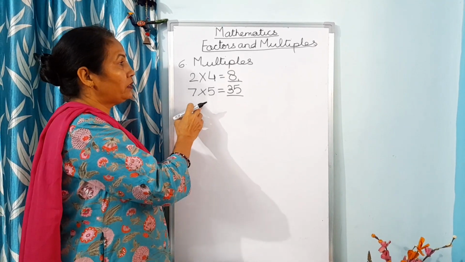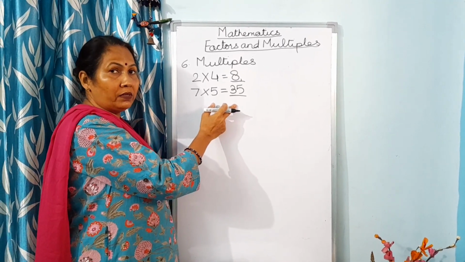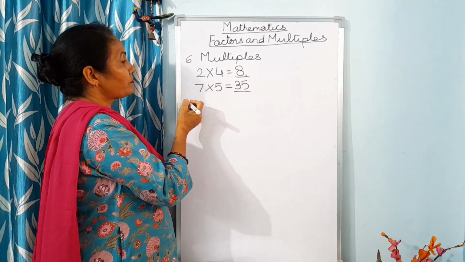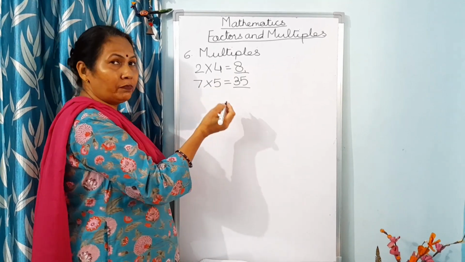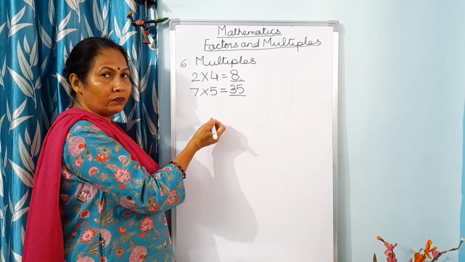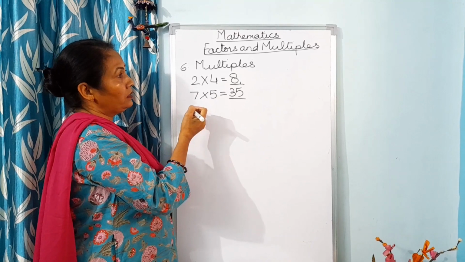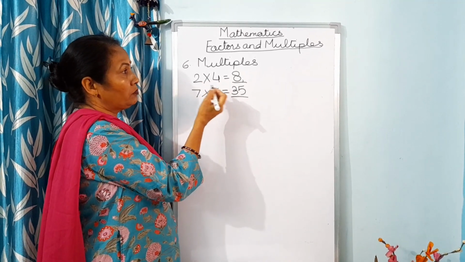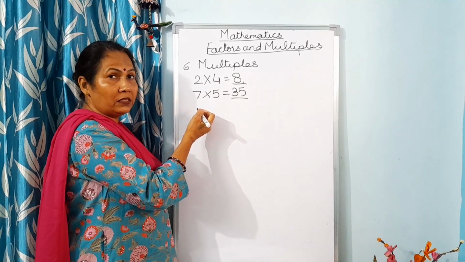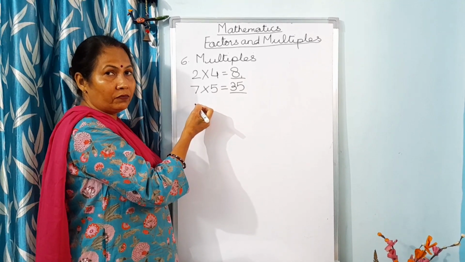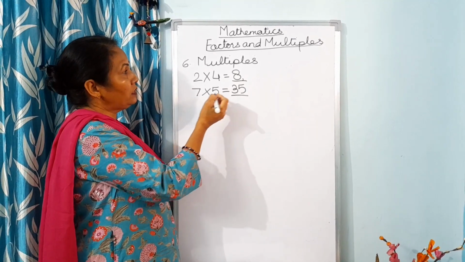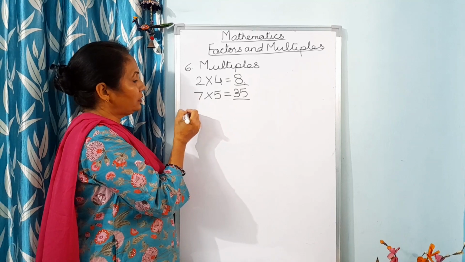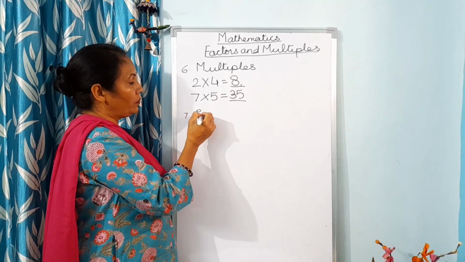So multiples are uncountable. And the smallest multiple is the number itself. So this is multiples.